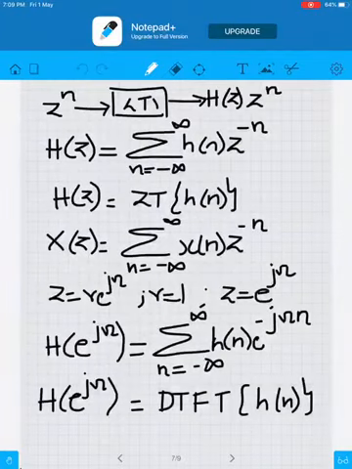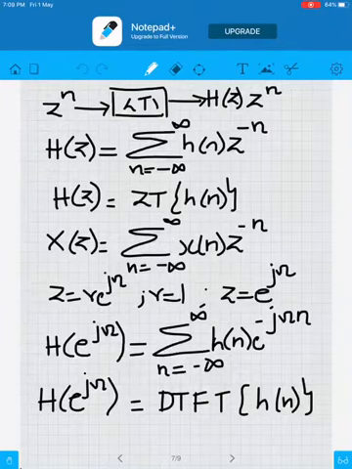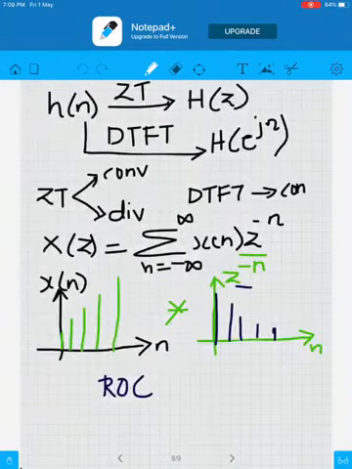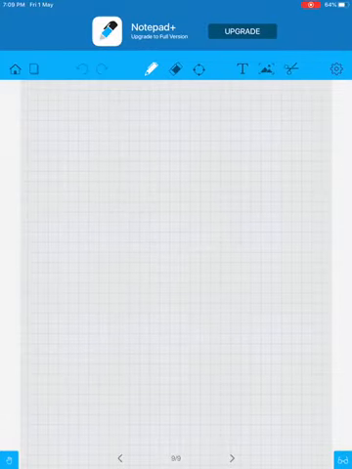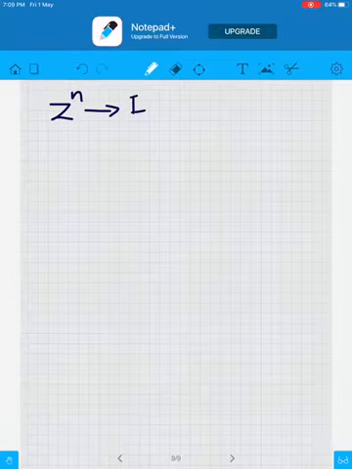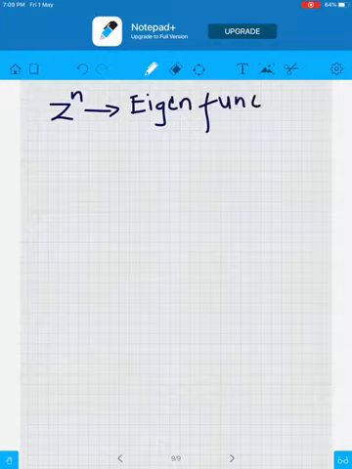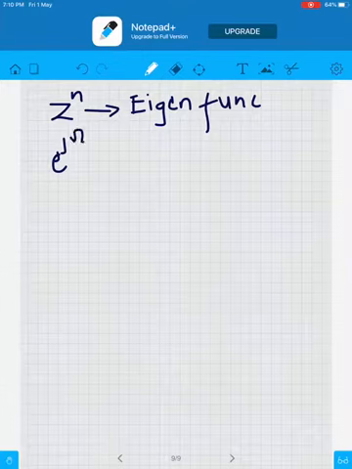Now we have seen a similar analogy in the continuous time LTI system. Here we can say that z power n is an eigenfunction of a discrete time LTI system, and also e power j omega n is an eigenfunction of the LTI system.